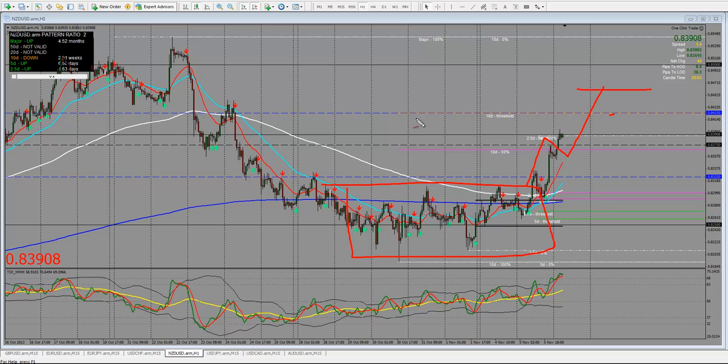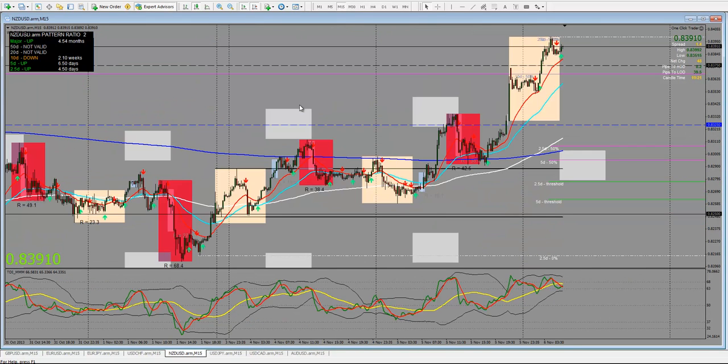Let's have a look at the 15-minute chart. If I want to buy this pair at a good price, obviously there's accumulation here during Asia, so this is where the orders and consolidation are.